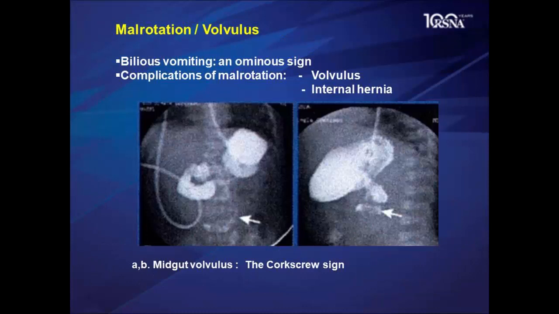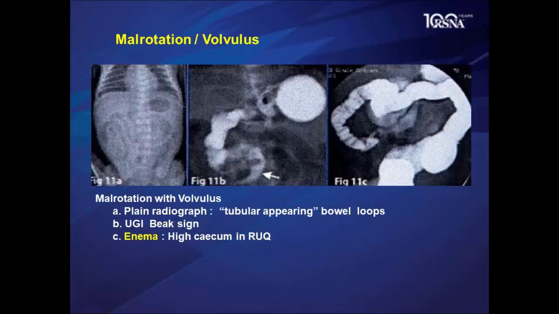Refresh our memory again. The corkscrew, and then here the corkscrew on lateral view. Now, surgeons and clinicians may request an enema to assess malrotation. One would say, why?